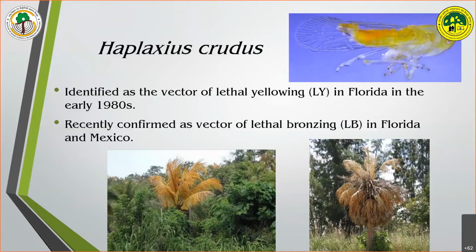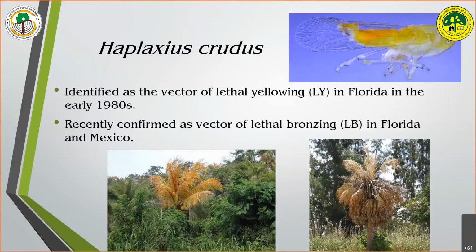And for a while, nobody was able to replicate these studies. So there was some confusion and doubt with regard to Haplaxius crudus being the vector. And on top of it, a lot of the early vector work was done before there were reliable molecular tools to confirm infections in plants.